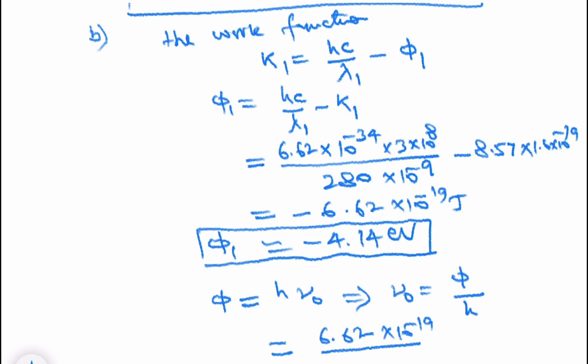Now the cutoff frequency can be calculated from the work function is equal to h nu naught, where nu naught is the cutoff frequency. So substituting the value for work function 6.62 into 10 to the power minus 19 and the Planck constant 6.62 into 10 to the power minus 34 joule second, we get 10 to the power 15 hertz.